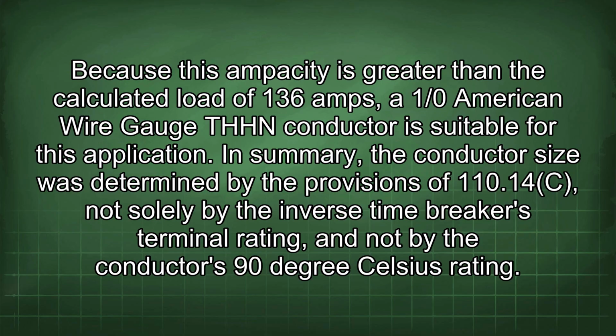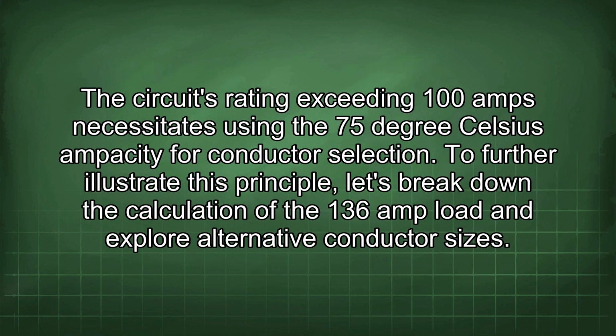Because this ampacity is greater than the calculated load of 136 amps, a 1/0 American wire gauge THHN conductor is suitable for this application. In summary, the conductor size was determined by the provisions of 110.14(C), not solely by the inverse time breaker's terminal rating and not by the conductor's 90°C rating. The circuit's rating exceeding 100 amps necessitates using the 75°C ampacity for conductor selection.